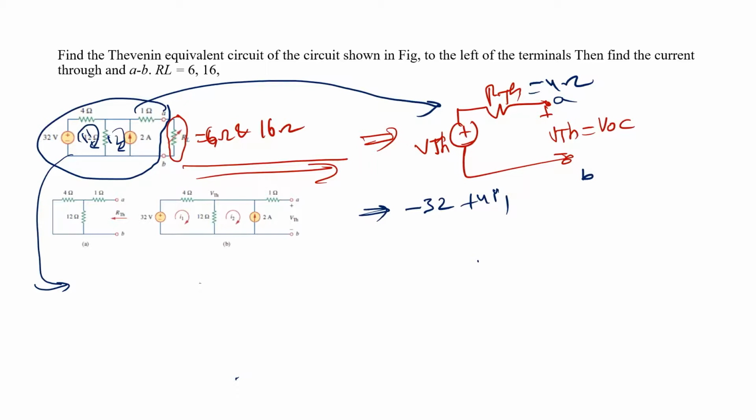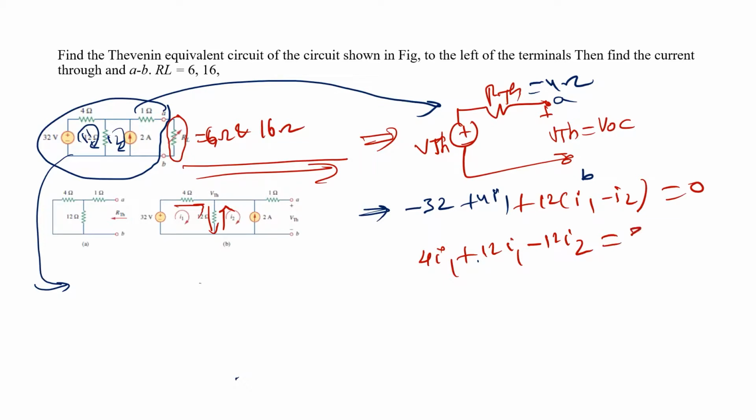So 4I1, plus the 12 ohm into I1, at the same time the I2 current is also flowing in the opposite direction, minus I2, is equal to 0. So it was 32, 4I1, this is 12I1 minus 12I2, is equal to 32, right? What is this? 16I1 minus 12I2 is equal to 32.